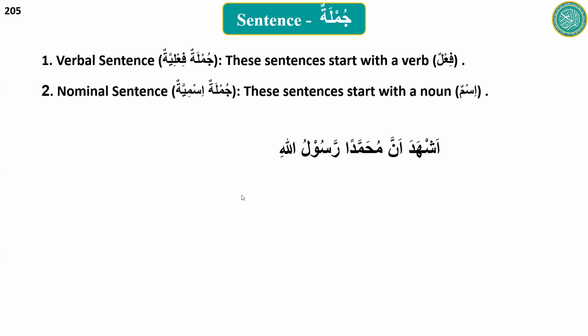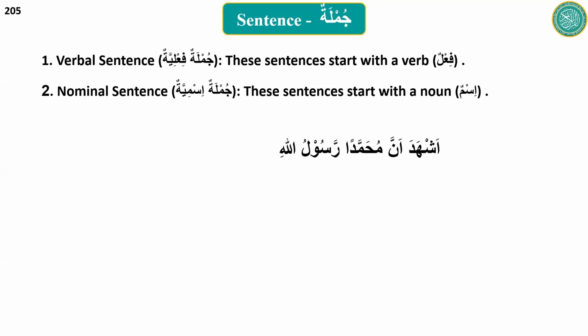Tell me what is a jumla fi'liya? Jumla fi'liya are a few words which change... these sentences start with the verb. I don't think you have a good idea what you're saying. What was my question, Abdullah? Nominal sentences, they start with a noun.